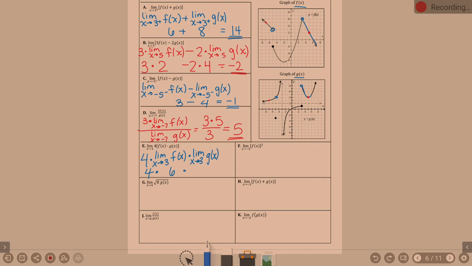That'd be 6. 4 times 6. Only 1 4. The only 4 is out front. You don't distribute it, because this is not addition. So it's just 4 times the limit of f times the limit of g.